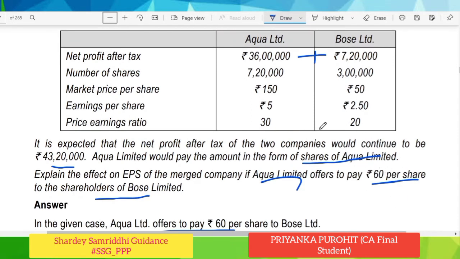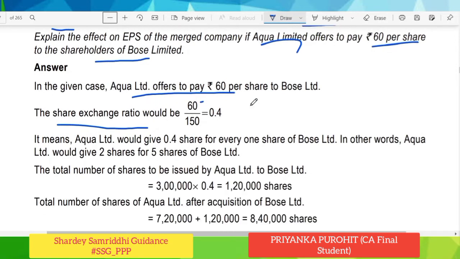They will pay 60 divided by the Aqua Limited, that is the acquirer company, that is 150. So the exchange ratio will come to 0.4. It means Aqua Limited would give 0.4 share for every 1 share of Bose Limited. In other words, since it is in decimal, you can convert it to whole numbers, that is Aqua Limited would give 2 shares for every 5 shares of Bose Limited.